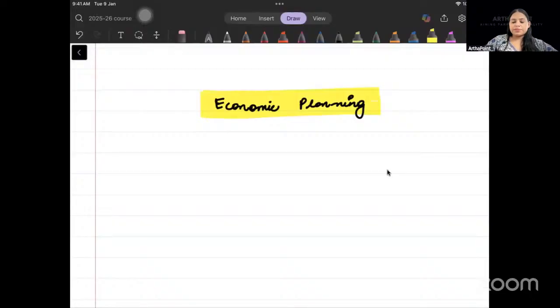Economic planning. Okay. So now, first of all, we want to understand what is economic planning, right? Economic planning is something which we cannot study as theory. इकोनॉमिक प्लानिंग को समझने के लिए हमें कुछ कंट्रीज के एग्जाम्पल्स लेने पड़ते हैं.